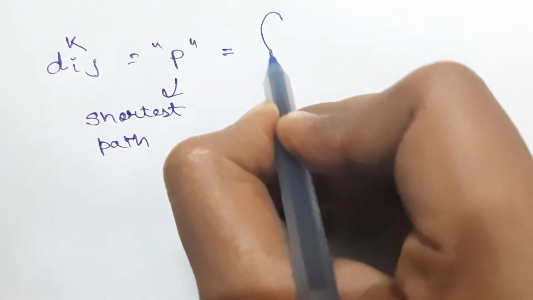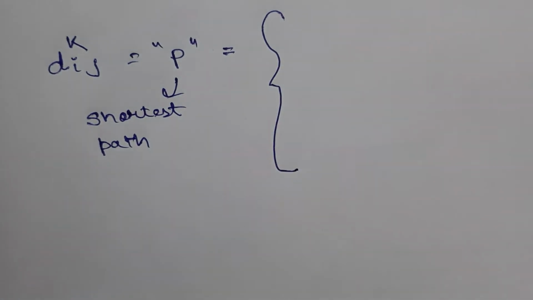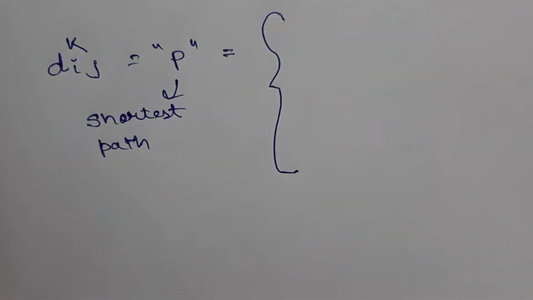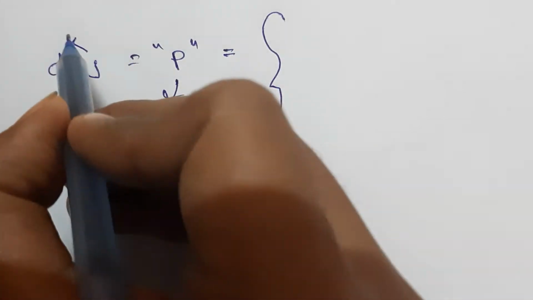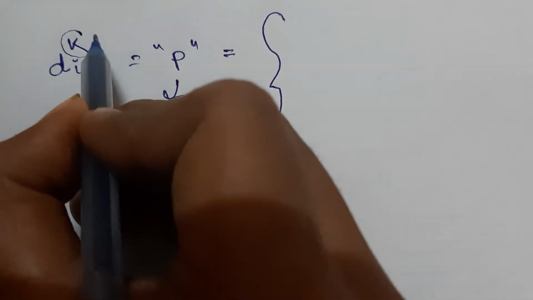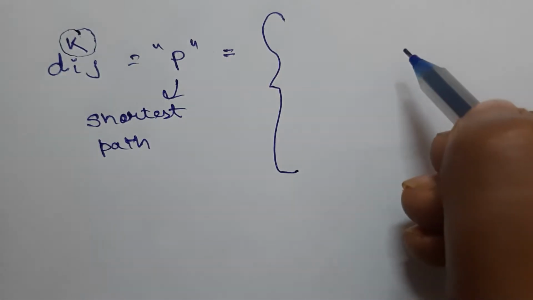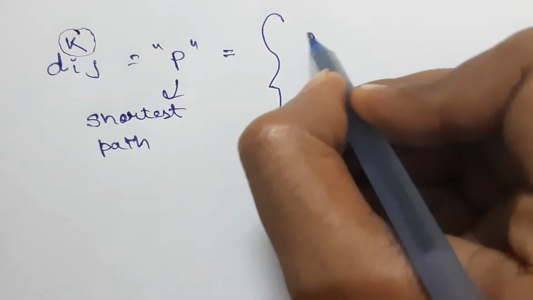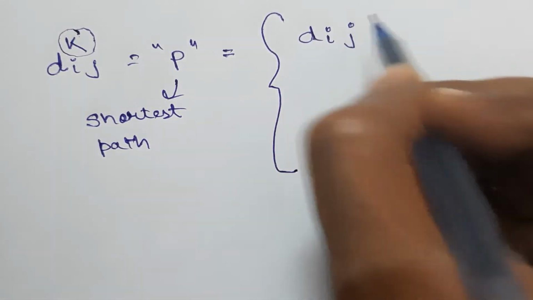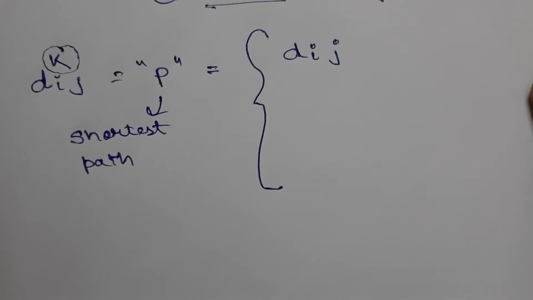Now, what are the conditions that can appear? There can be two conditions. Here I have created the kth element, or the kth vertex. So one can consider the kth vertex and one may not consider the kth vertex.